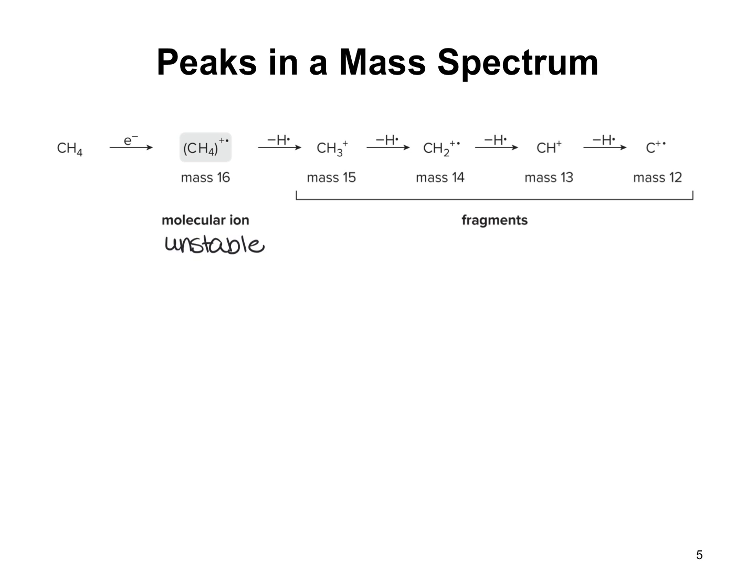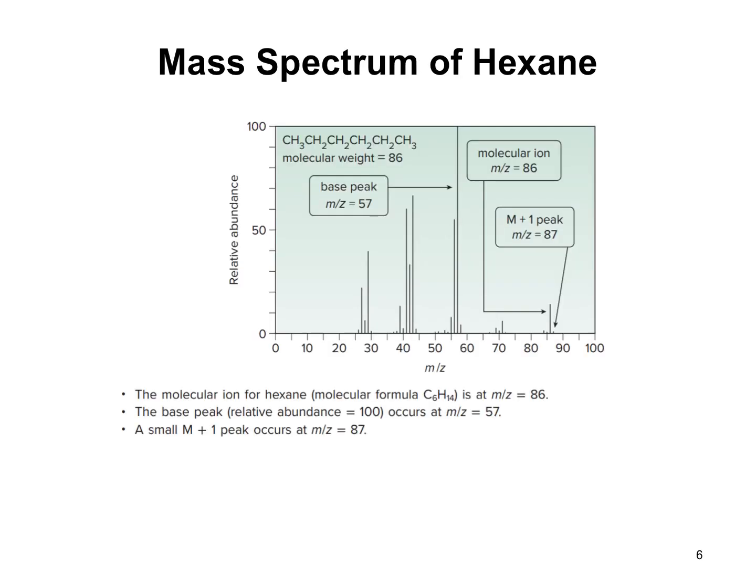So let's look then at a little bit more complicated spectra, which is hexane. So we're going to come over here and look at hexane, and a few things to identify out of the gate. The first one is we have the molecular ion peak here, and that's 86. And that corresponds to the molecular weight of hexane, which is C6H14. We also can identify the M+1 peak, which is 87. Now, what we're going to see here is the base peak is not the same as the molecular ion peak.